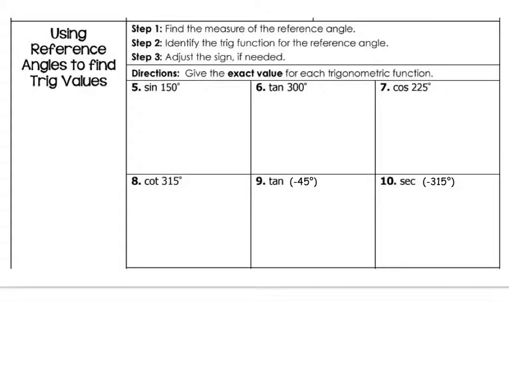So if you don't have them memorized, you are going to want to know that your 45, 45 triangle is A, A, and A root 2, and your 30, 60 triangle is going to be A, A root 3, and 2A, right? So that's going to be important. If you don't have them memorized, you're going to need to know that. That's going to come up here, because here's what we're going to do.